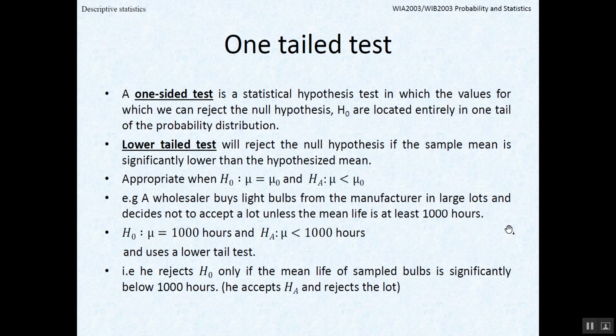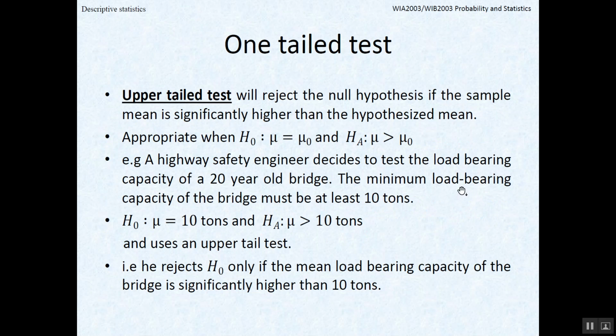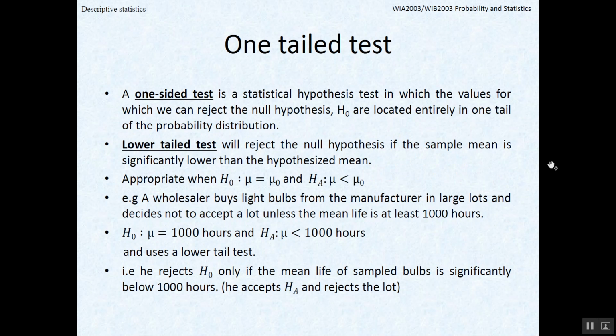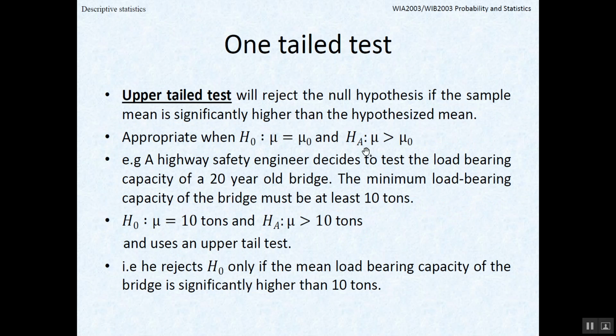If not, he accepts the alternative and rejects the lot. So this is a lower tail test, I explained the same thing just now. One-sided, as I told you, can be either smaller or bigger, so you use this for the lower tail test, and this for the upper tail test.